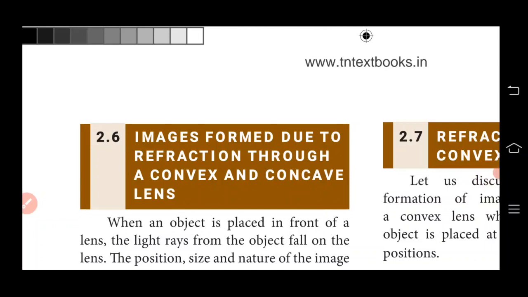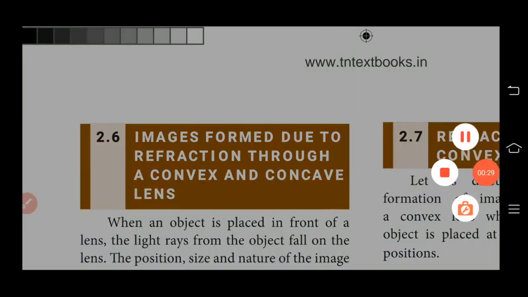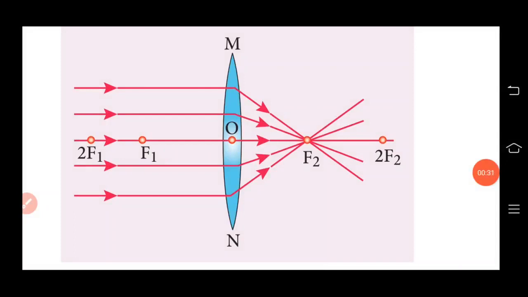We know that the convex lens is a converging lens. For image formation, we need to draw the lens accurately. So I am going to show an easy way of image formation. Let us first draw a line to show the principal axis.